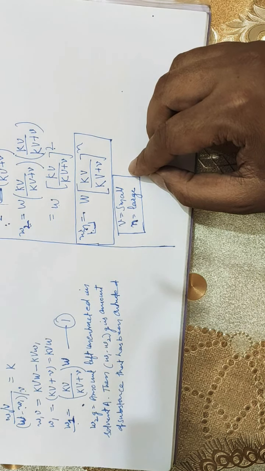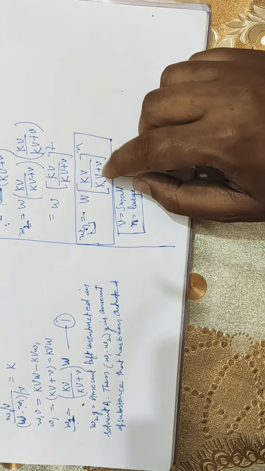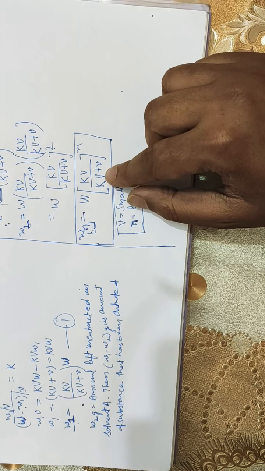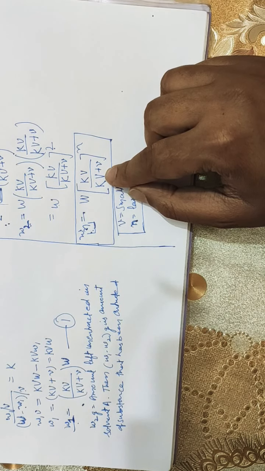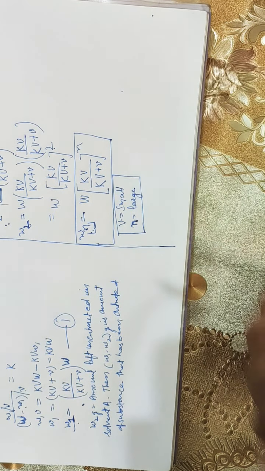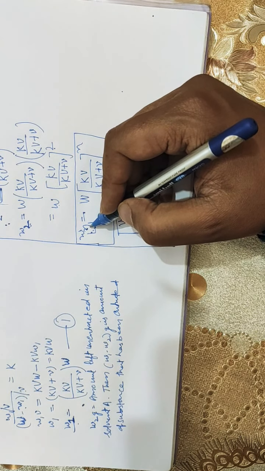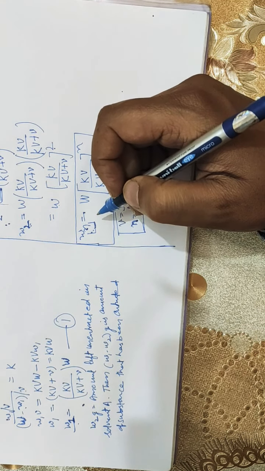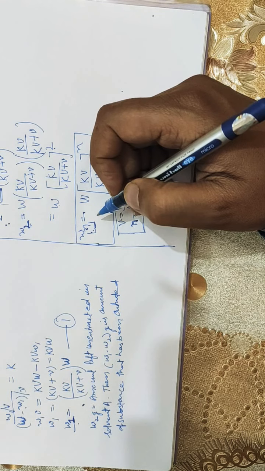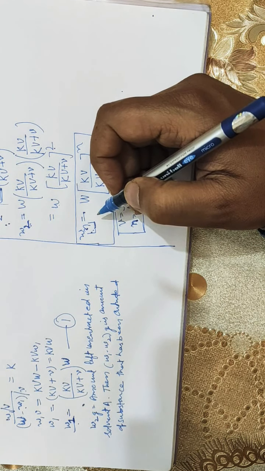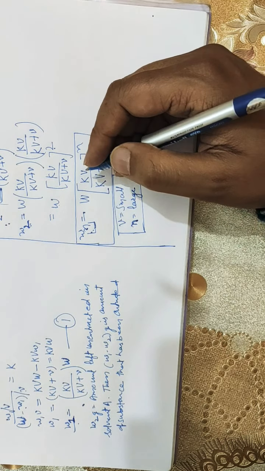Further, to make extraction process most efficient, small wn should be smallest possible. This can happen if this term is made as small as possible. So this term has to be made small, obviously, because when this term will be small, this will be large. In this term, the denominator kV plus small v is bigger than numerator kV.